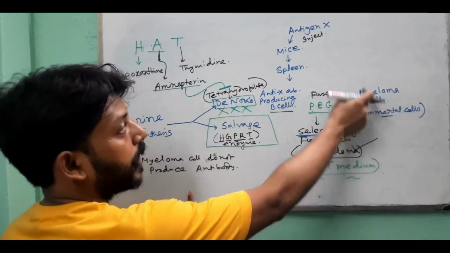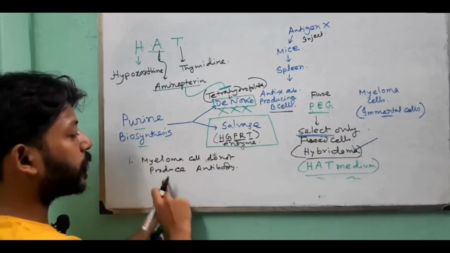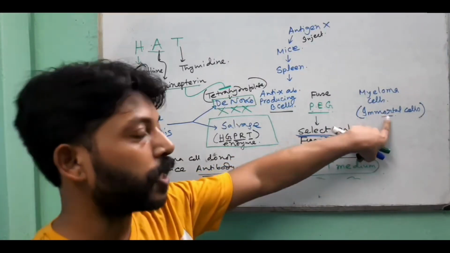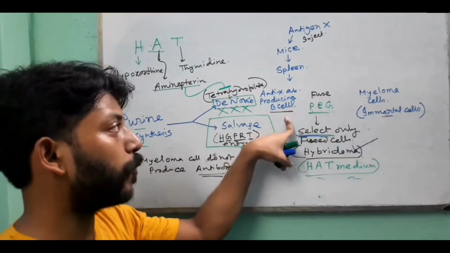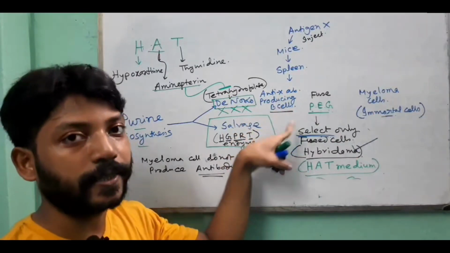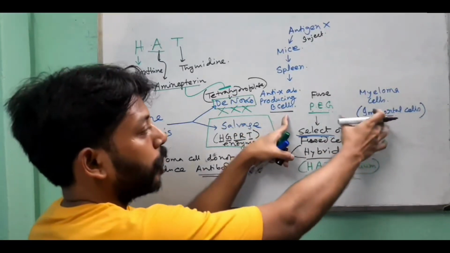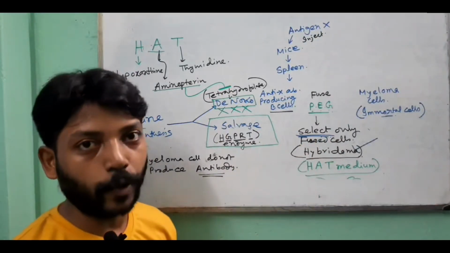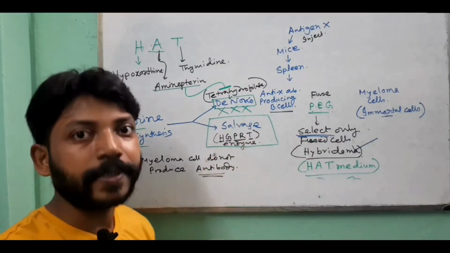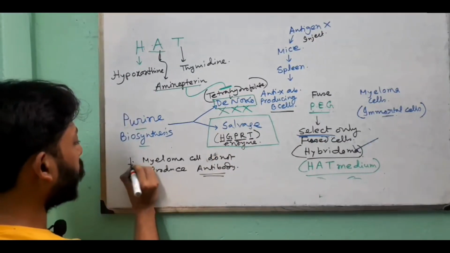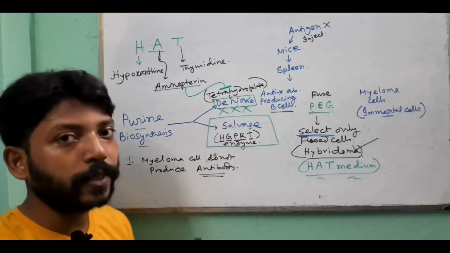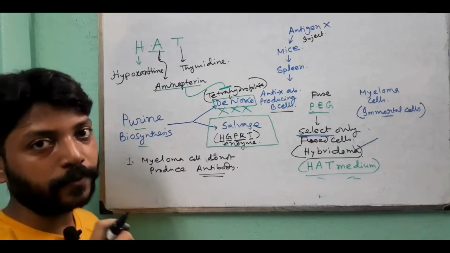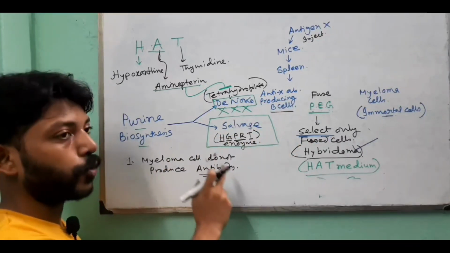The myeloma cell must not produce antibody, because if it is producing antibody and the anti-X antibody producing B cells are also producing antibody, then the two antibodies will mix, and it is very difficult to separate them. So to avoid this situation, we have to manipulate the myeloma cells so that they do not produce antibody. So the first condition for the myeloma cell is that it will not produce antibody.